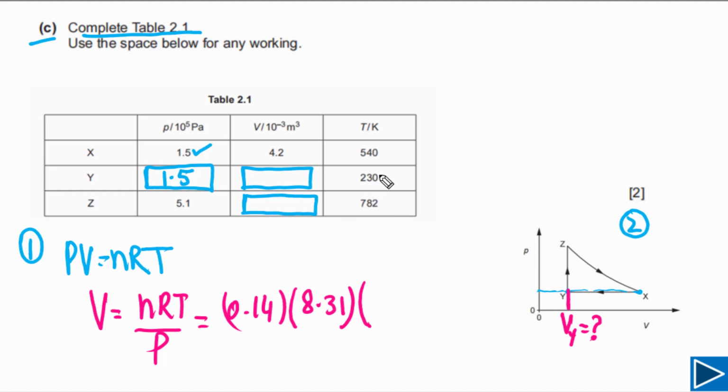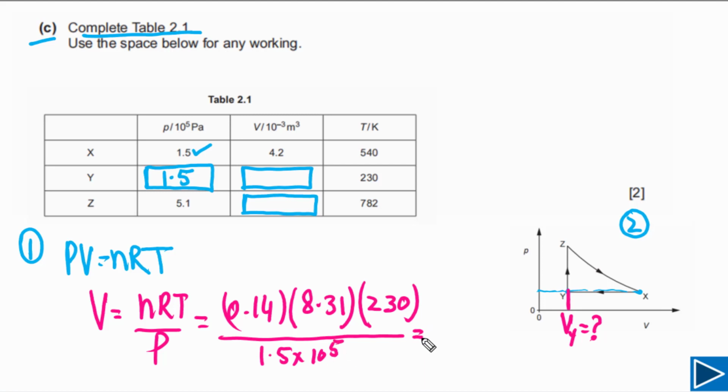T has to be in Kelvin. It is already given, it is in Kelvin, so we can write down value of T. Now we need to divide by value of P, and the P at Y we have, that is 1.5 times 10 to 5.